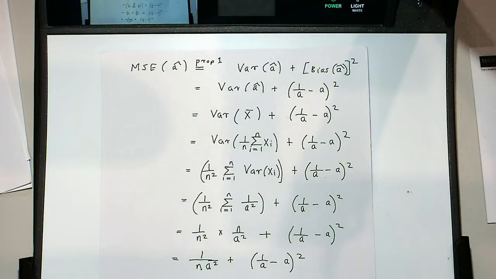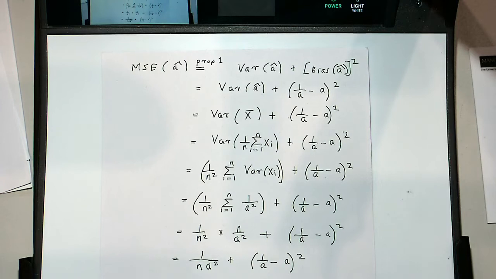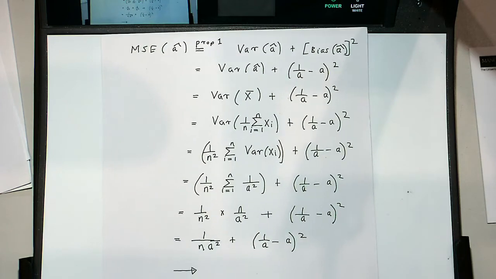Now, a property of mean squared error, as I said earlier, let me go back to where we were earlier. You say that an estimator is consistent if the limit of the MSE is 0 as n approaches infinity. Now in this case, as n approaches infinity, what does this go to? Come on guys.